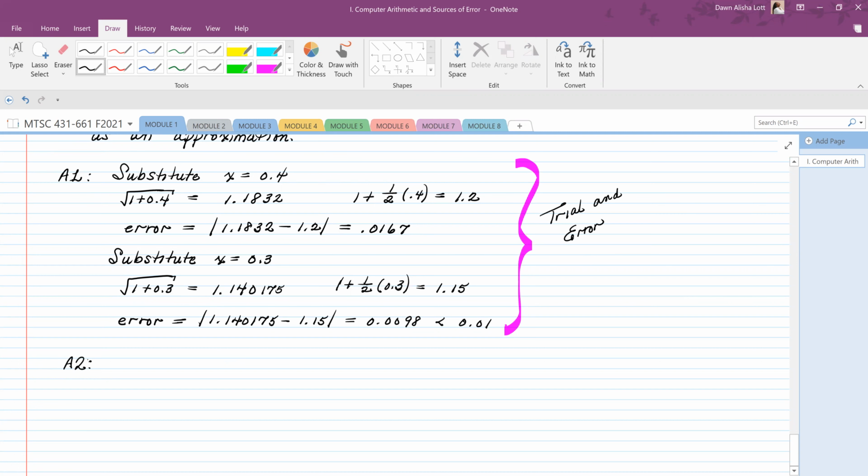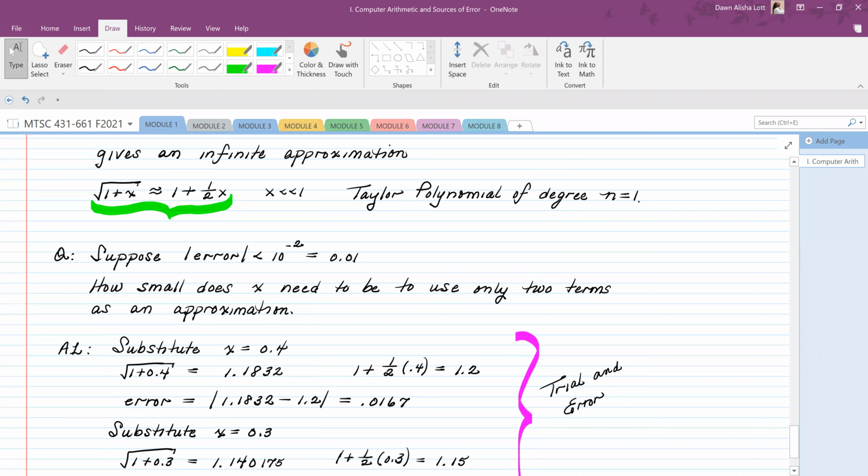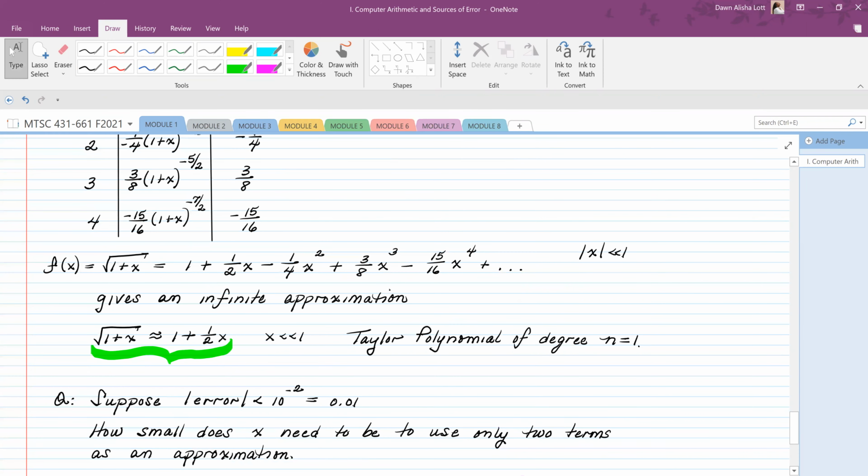So here's my second answer. Let's just look to leading order. I go back to what I had before, and this was my approximation.